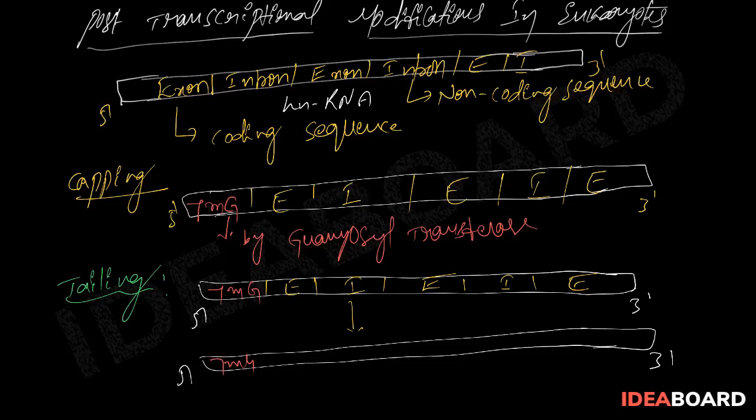Thereafter intron, exon, intron, then again exon, and introns are present. This is the tailing region, where more adenine residues are added at the 3' end, and this is what we call polyadenylation.